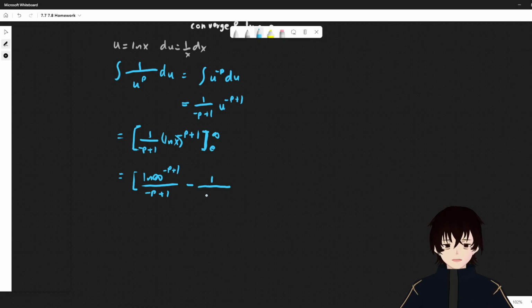The natural log of e, that's 1 over the power of negative p plus 1. Find values of p where it's convergent, divergent.